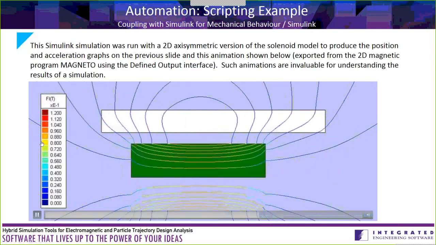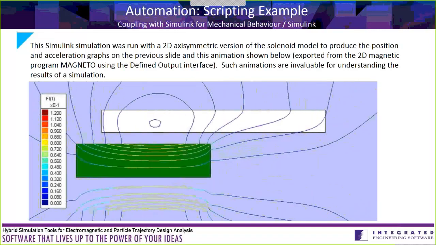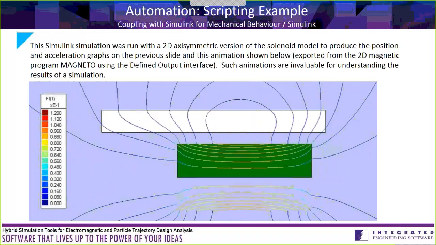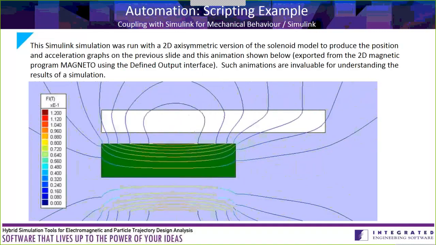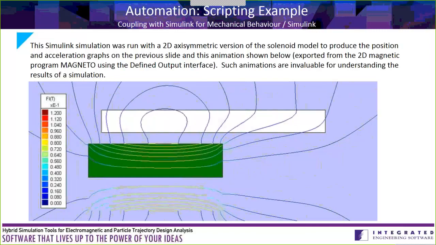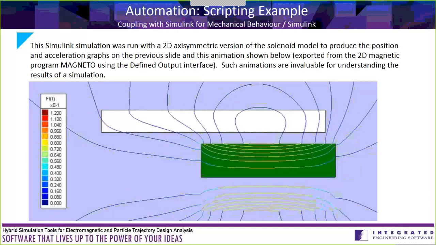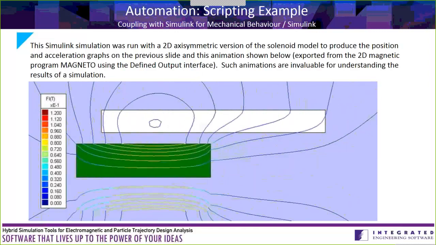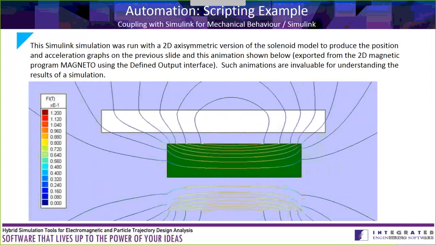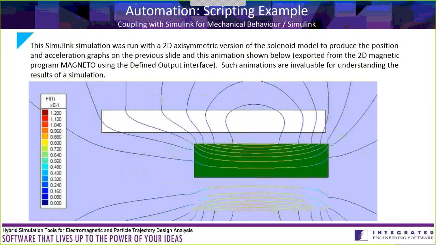And here is the result, and again playing off of the defined outputs. Before I ran this with Simulink, I defined that I want to get a magnetic field line plot. And that means that every time Magneto solved, it updated the field line plot. So for constant time steps, which is the way that I configured Simulink to run, I have the position of the rod being updated and the flux lines updated with it.